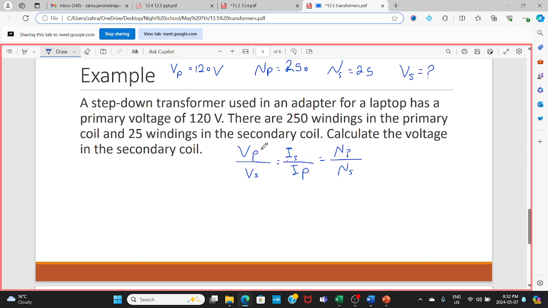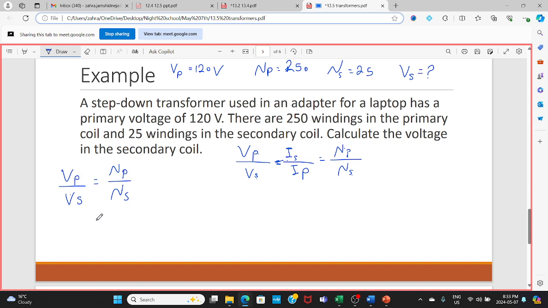As you see, for the N's it's a direct relationship. This is P here, this is P here, and S here is S here. But for current, if this P is going to be S, it's reversed. Now I need to use the first one and the last one because we just have V's and N's, right? So I'm going to use that relation. VP over VS is equal to NP over NS.